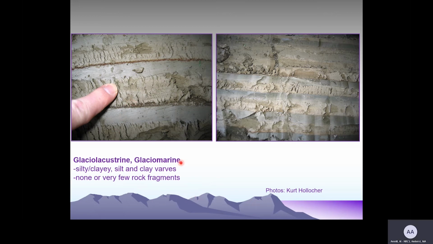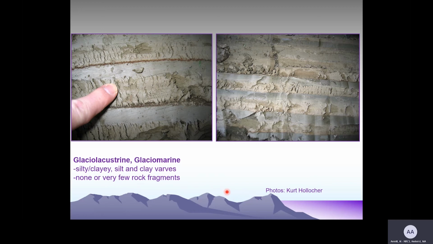It's very rare that you're going to find rock fragments in this material, right? This is fine material that washed in from the surrounding watershed into the glacial lake. Again, this tends to be a fairly slowly permeable layer as well. Once in a while, you get thin layers of very fine sand washing in as well, from wave action and whatnot.